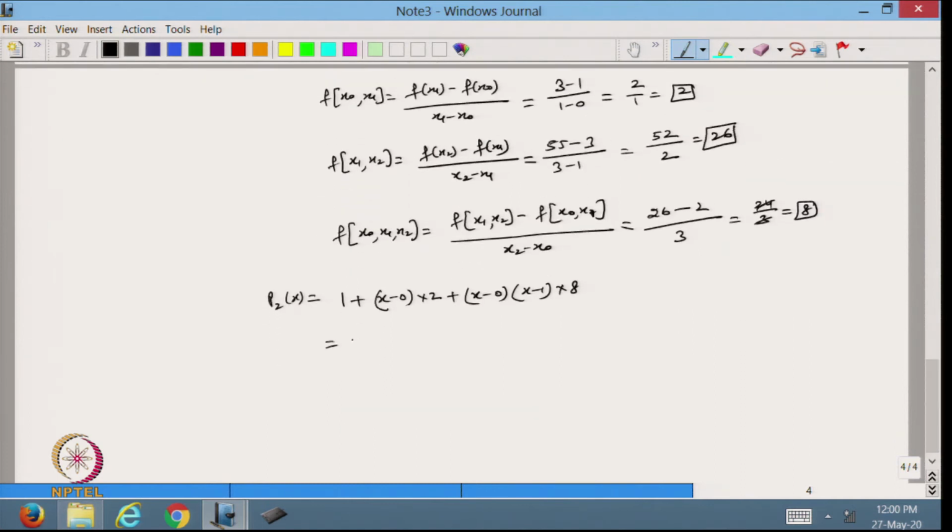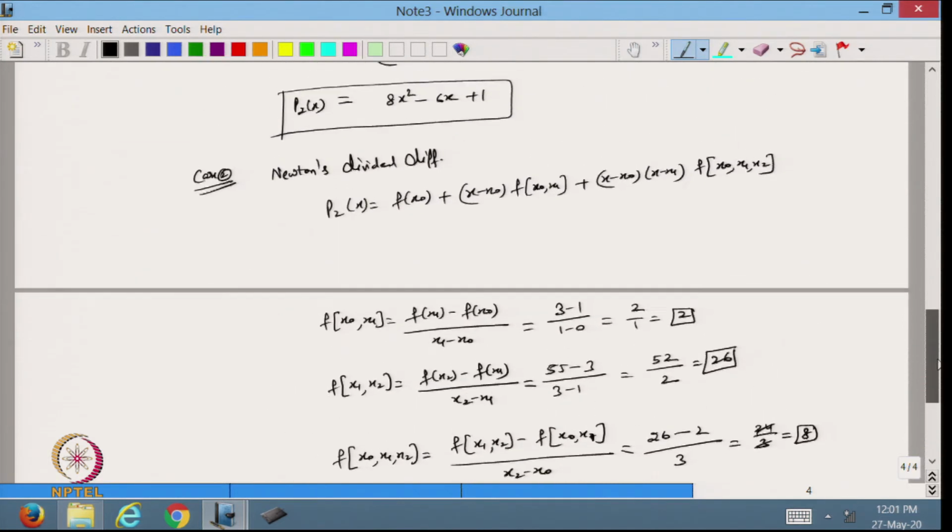So this is 1 plus 2x plus (x square minus x) into 8, that is 1 plus 2x plus 8x square minus 8x. So that gives me 8x square minus 6x plus 1.